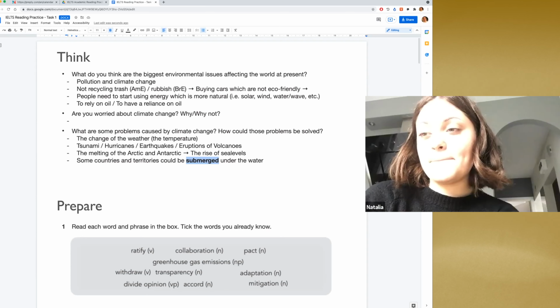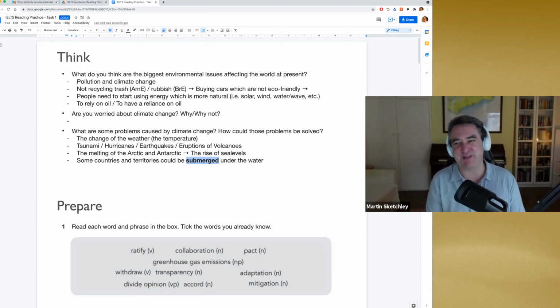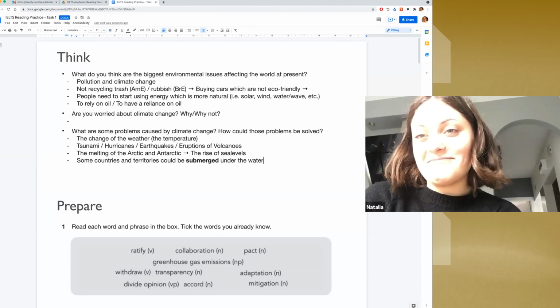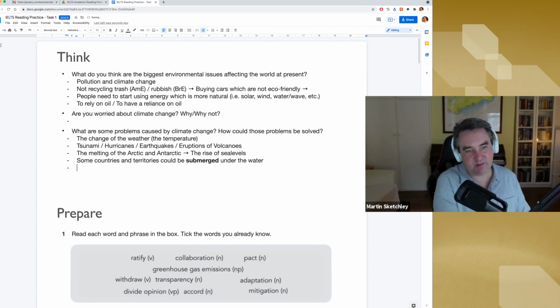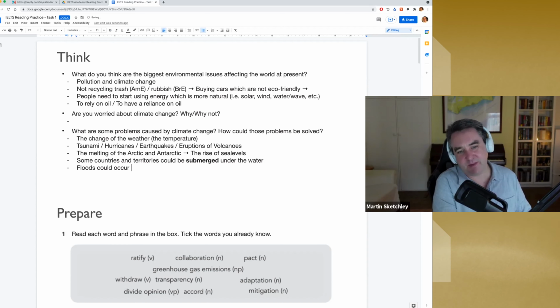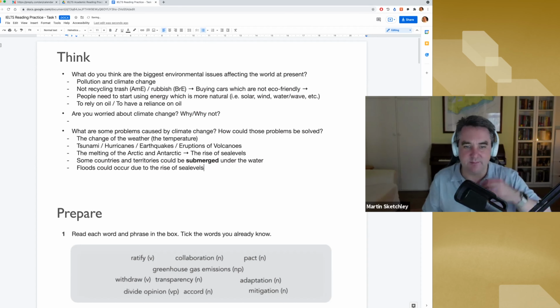If you have a bath, you go under the water in the bath, you submerge yourself in the bath. Or floods could occur due to the rise of sea levels.